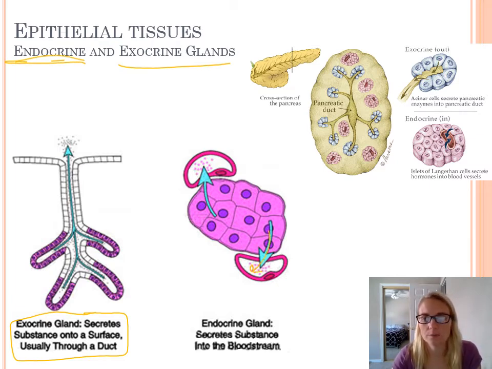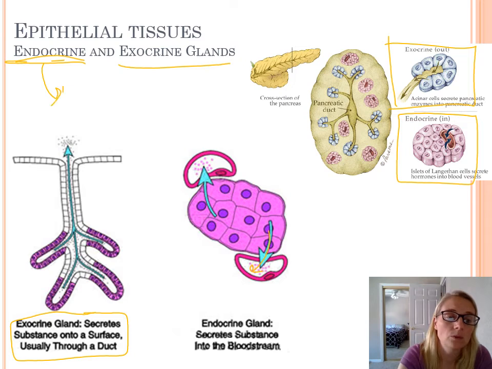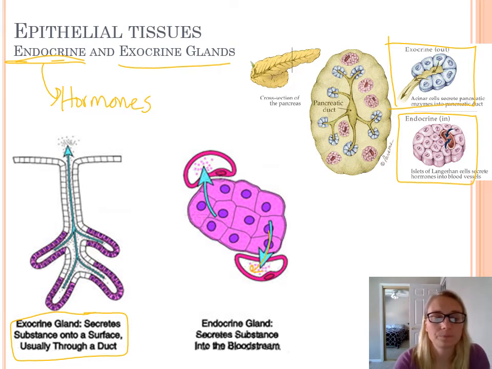We can see that here. And this is just a real life example showing your pancreas has both endocrine and exocrine glands. Exocrine is the buffer and the mucus, and endocrine is the hormones. So a lot of times you can connect endocrine to hormones because hormones are secreted into the blood to get where they need to go.